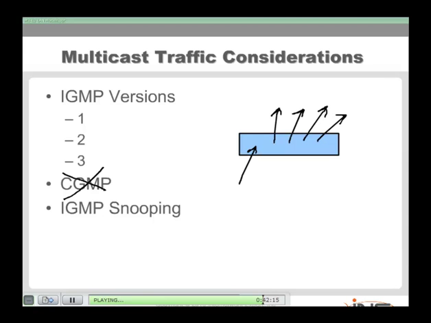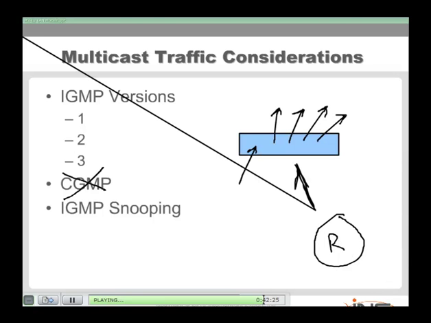And what happens with CGMP is you've got a router on the network, and it communicates using these CDP messages with the switch. So the router and the switch send these CDP messages back and forth.